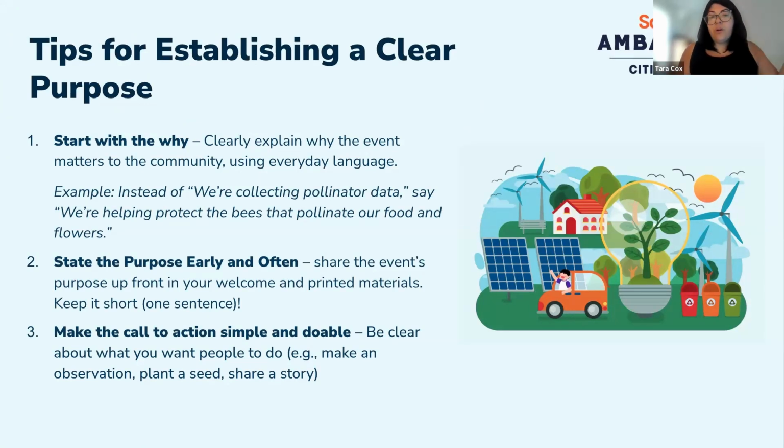So through your marketing, the best and easiest way to do this is to have one line that you yourself can easily say in terms of what this event is about. So if you have that clear one sentence about the purpose of this event in your back pocket, repeated early, repeated often, shared in those marketing materials.